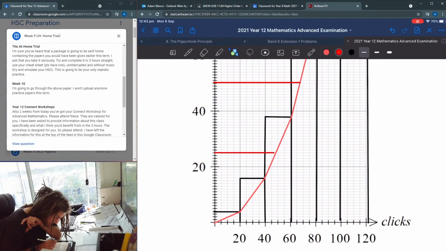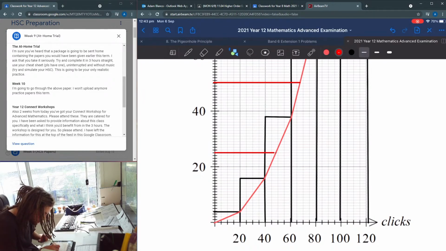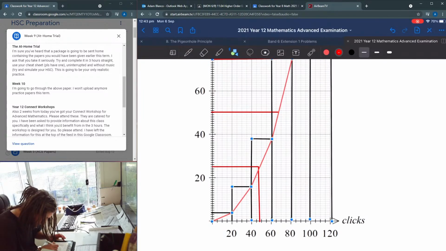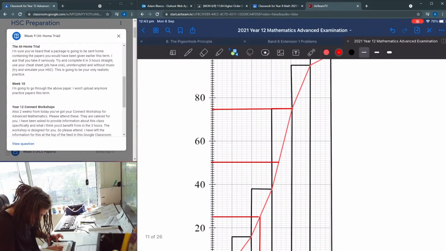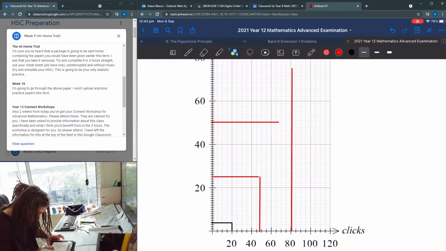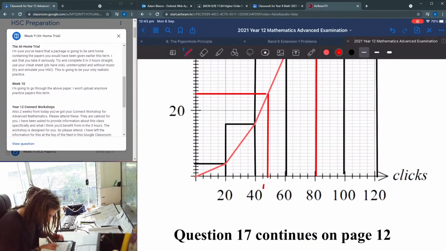1, 2, 3, 4. Yeah. Okay. So that's about there. I hate that that's crooked. And this one. Okay, so we got this. Alright. So this here is Q1. That's Q3.